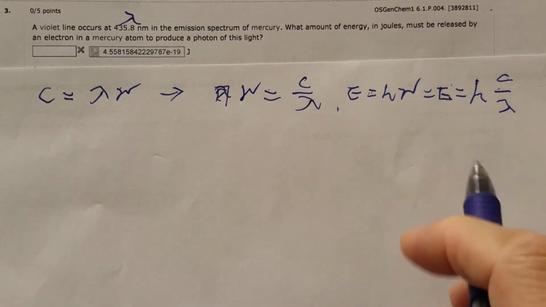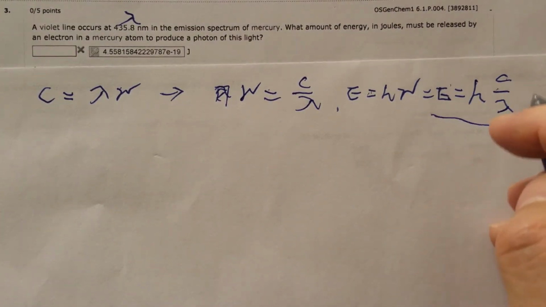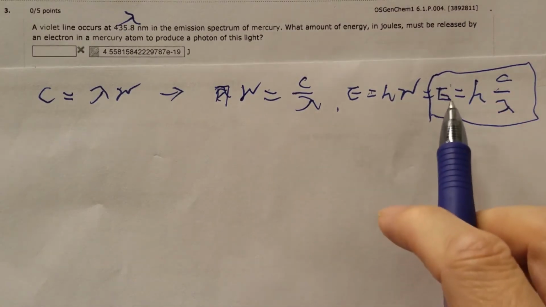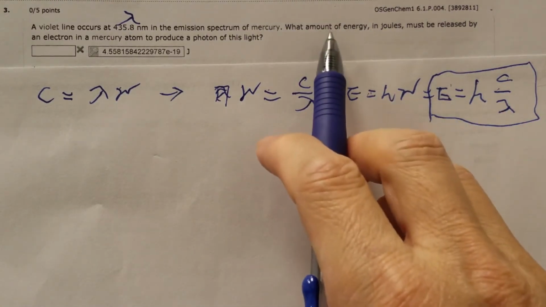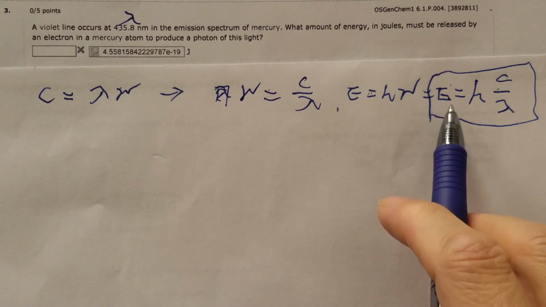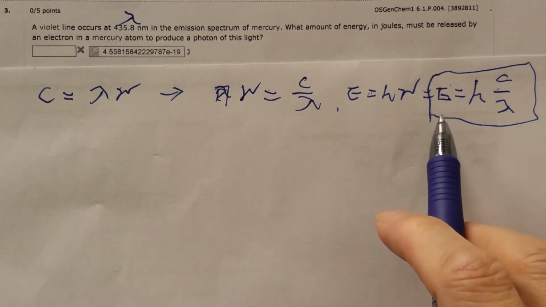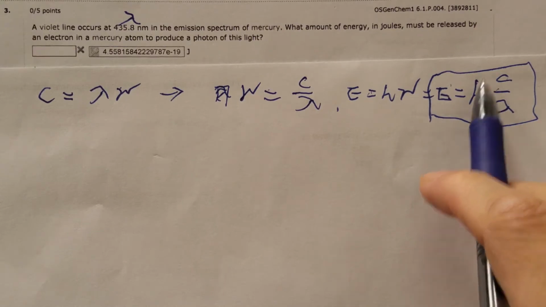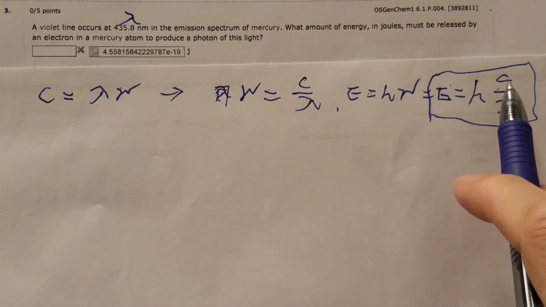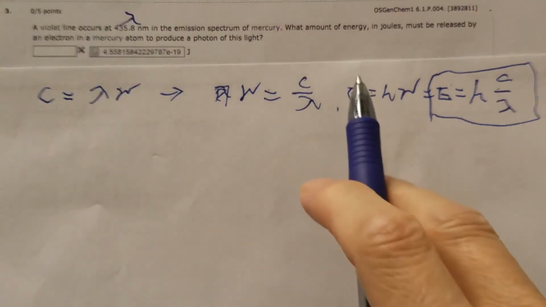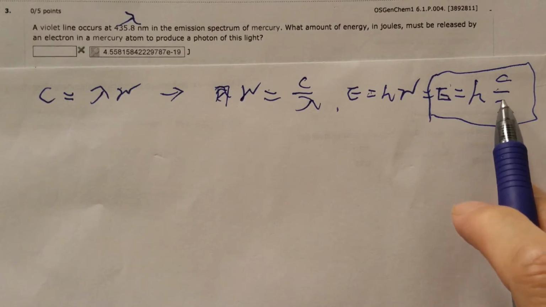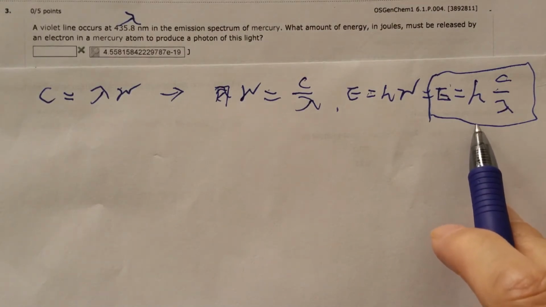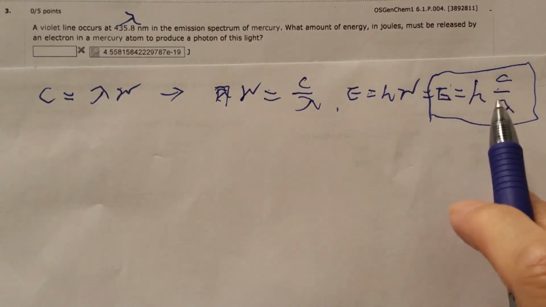Now let's analyze the last equation right here. We need to find out the energy, so that's what we have on the left-hand side. On the right-hand side, we do know the value for Planck constant h. We do know the speed of light, c, even though they are not given in the problem, but they must be given when you take tests or when you work on such problems.